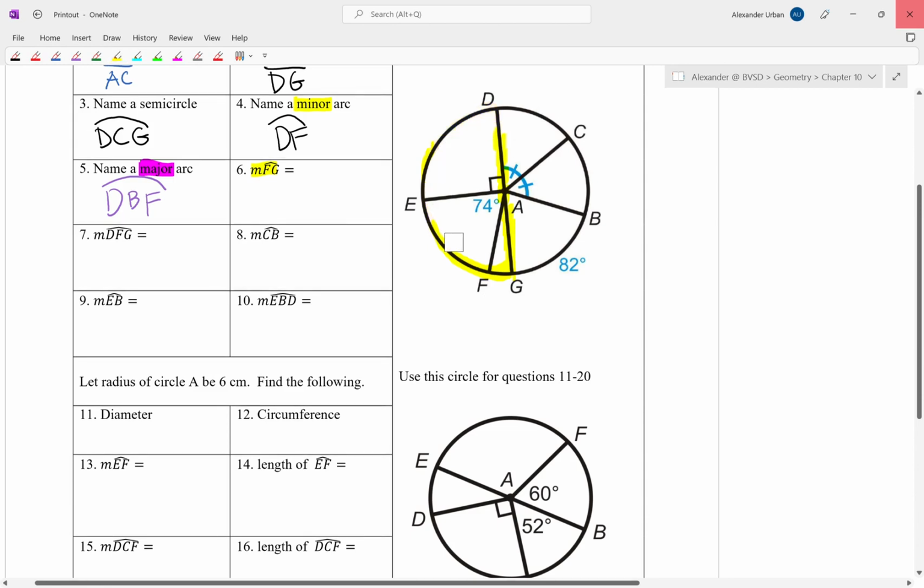Then for number 9, we have EB. So finding this minor arc of EB, it is the shortest route. And then finding the major arc of EBD. And actually, this one's kind of funny, because if we're following what it's saying, it says go from E to B to D. So hopefully if you're watching this, you can see how many degrees this is going to be.